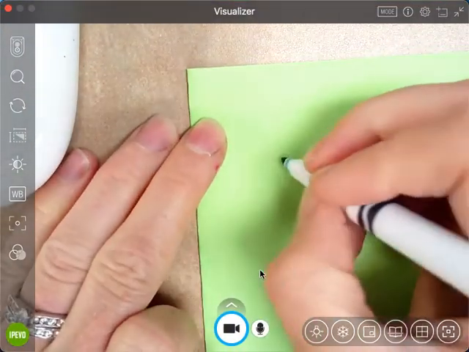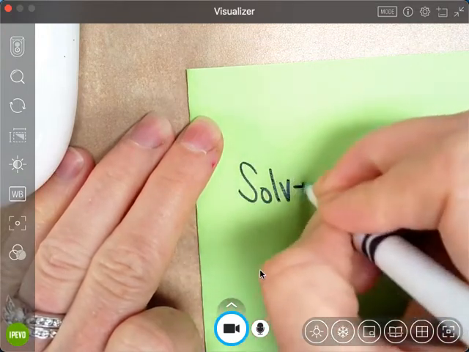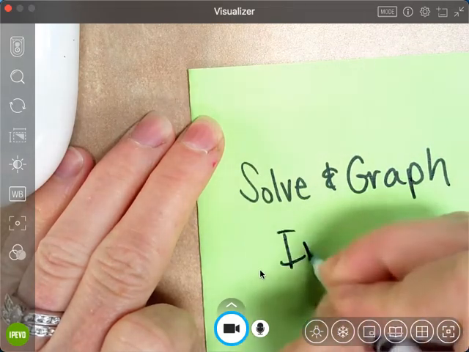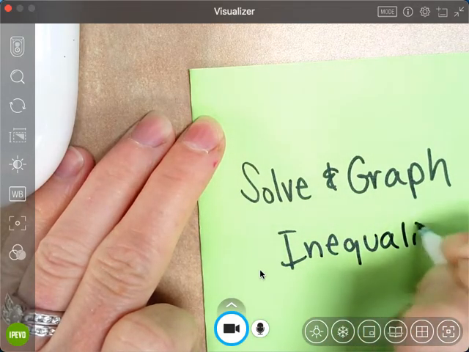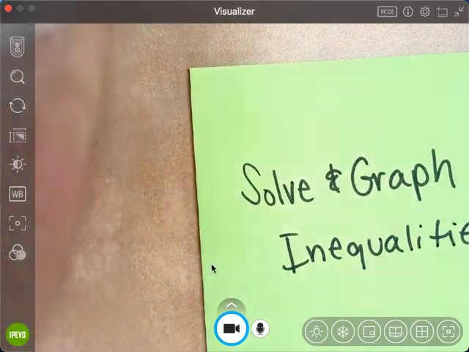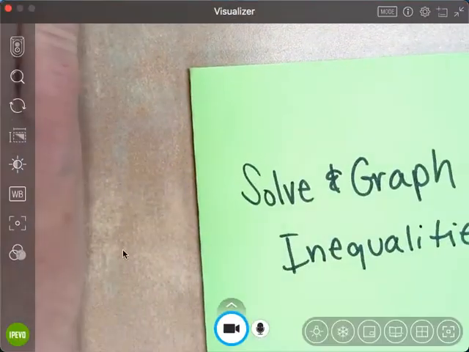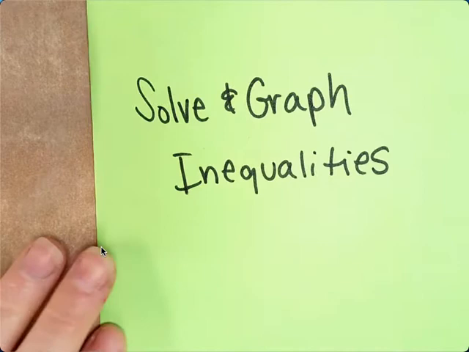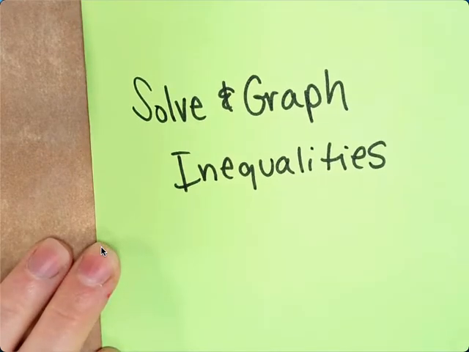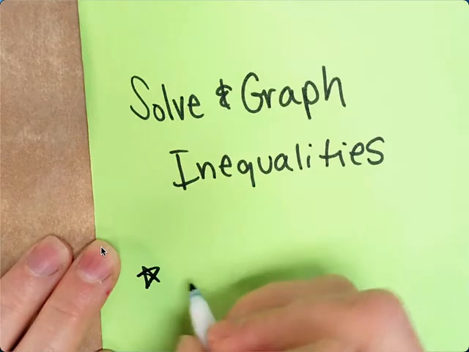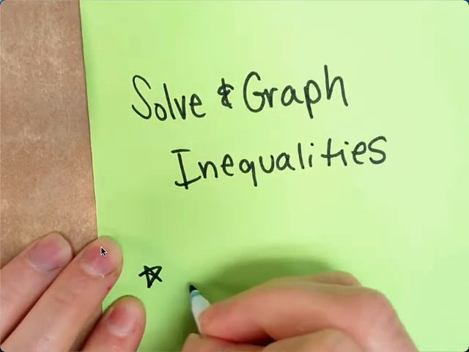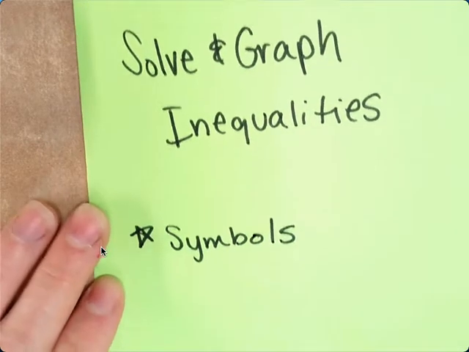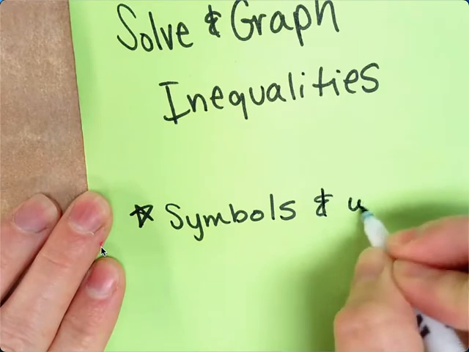Write your name and write, I folded it in half, and I'm writing solve and graph inequalities. So our goals here are to remember the different symbols and what they mean.